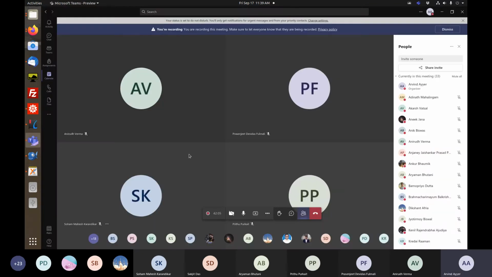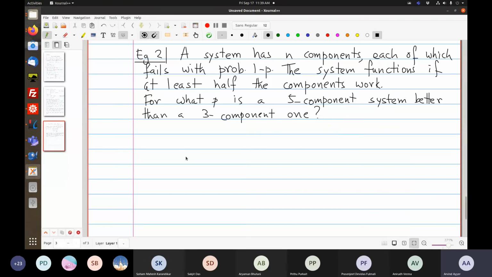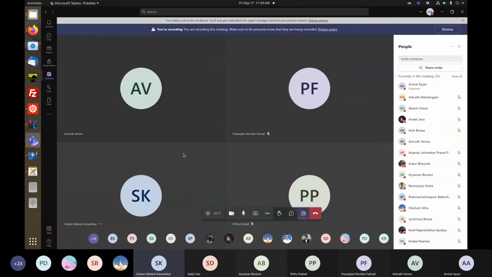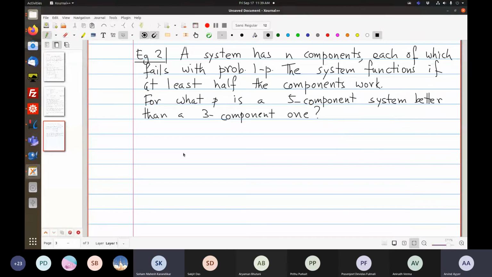Someone answers: the probability that the system works should be more. Yeah, exactly. You cannot say better in any deterministic sense, at least as far as this question goes, but we can say probabilistically, in the long run, which should work better, in the sense of functioning for a longer time or some such thing.